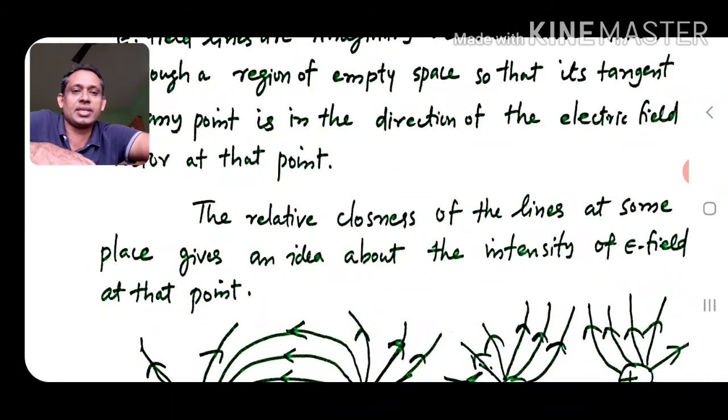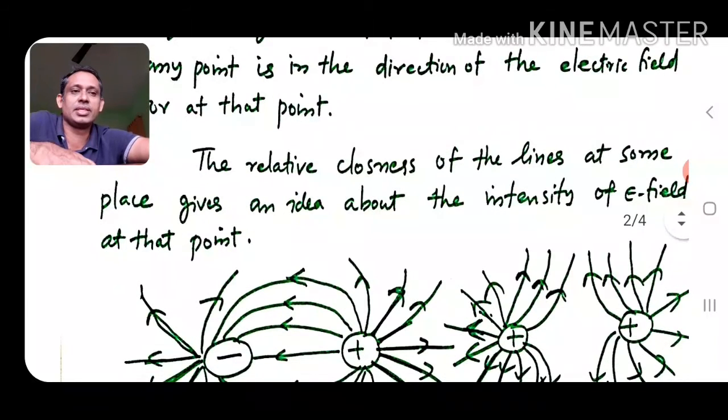Another important idea is the relative closeness of the lines, how they are together, or what is the separation between the lines. That is what is meant by relative closeness. The relative closeness of the lines at some place gives an idea about the intensity of the electric field at that point.